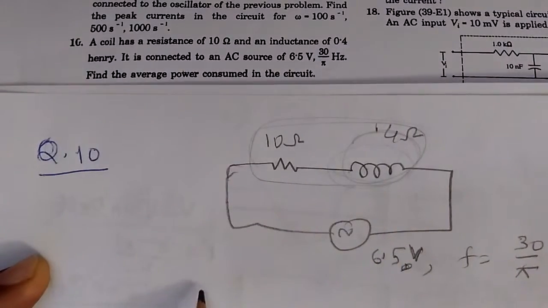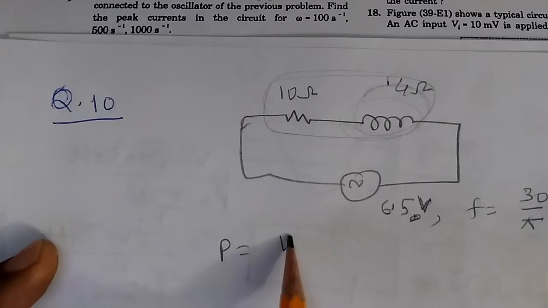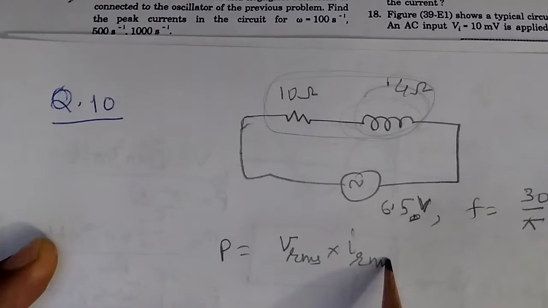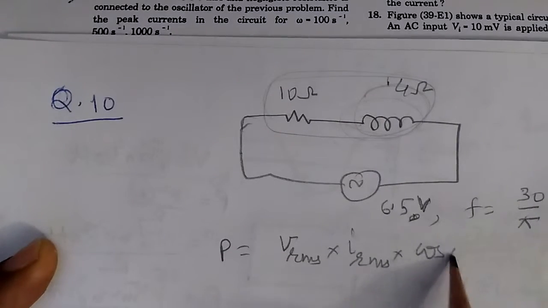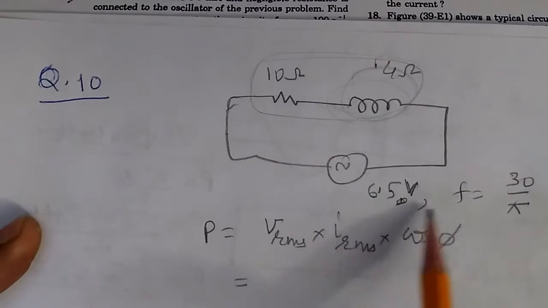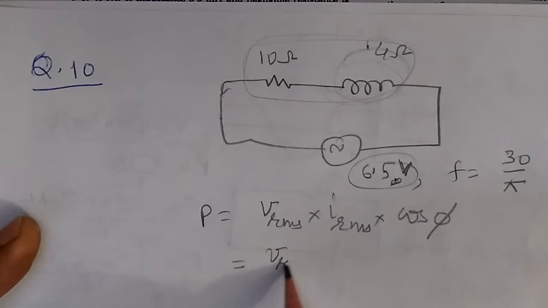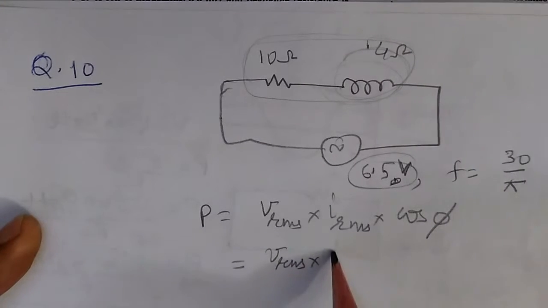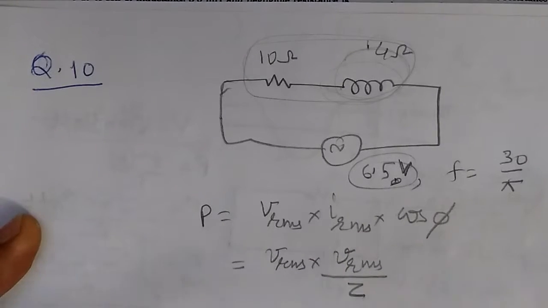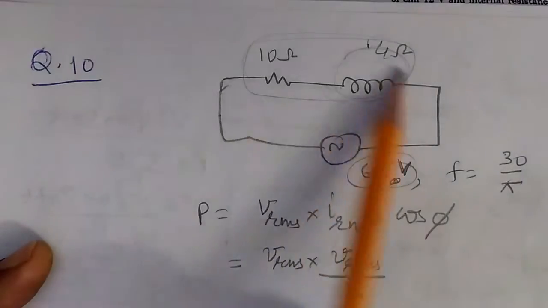Power consumed in this circuit, P, is given by V RMS multiplied by I RMS multiplied by cosine phi, where cosine phi is the power factor. V RMS is given as 6.5, and I RMS is nothing but V RMS divided by the impedance of the circuit, which we call Z. What is the impedance of this circuit?